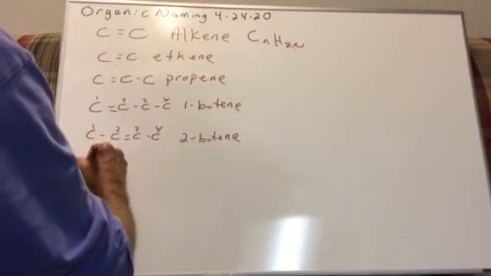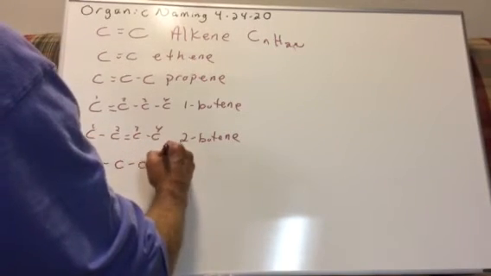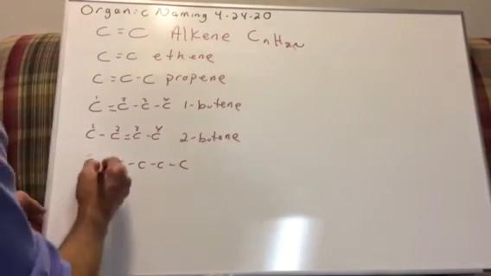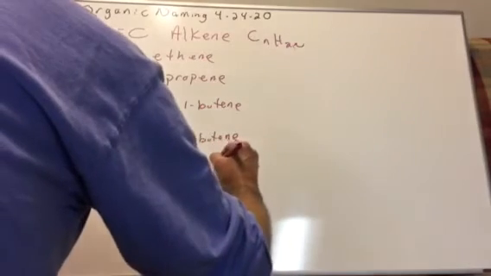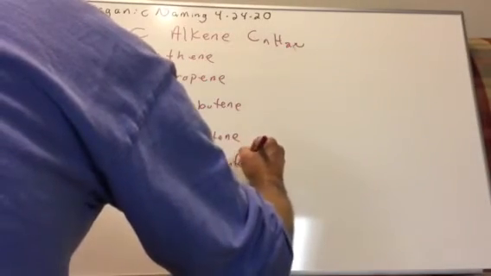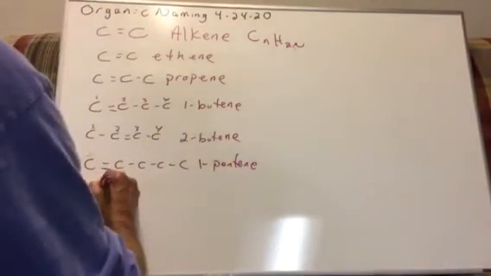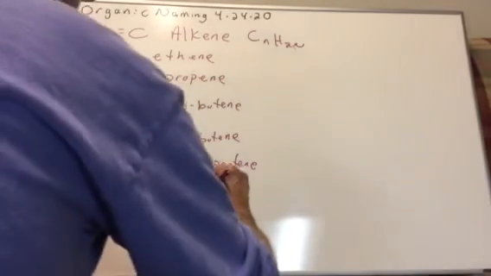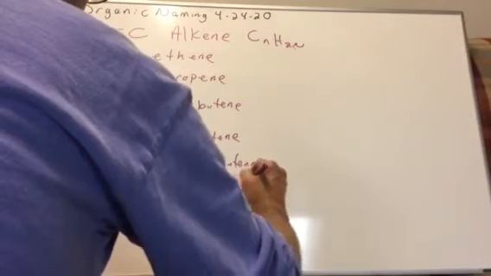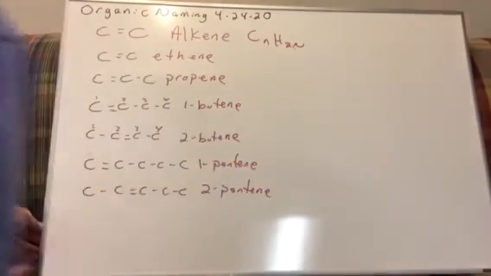If I've got 2, 3, 4, 5, then I can have this one. Okay, remember 5 is pent. So this would be 1 pentene. This would be 2 pentene.